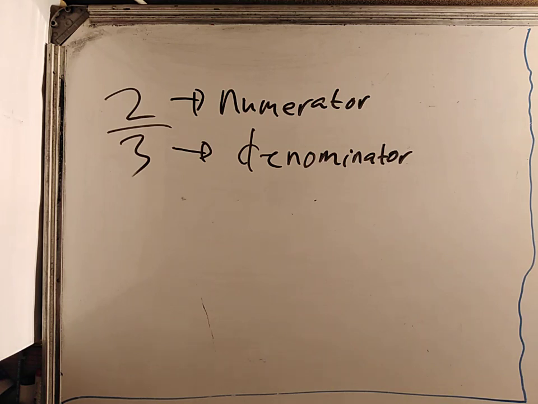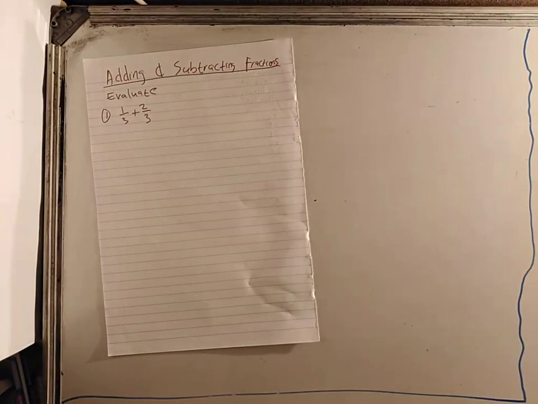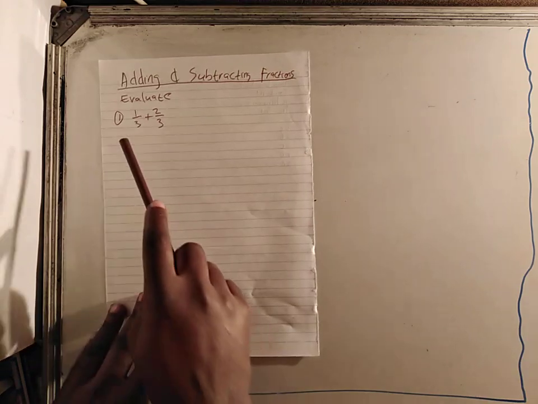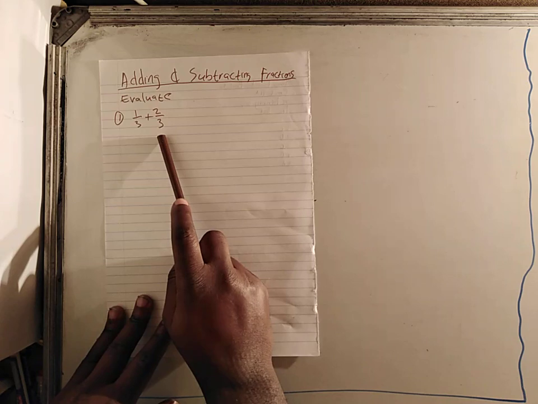Alright? Okay, so now if you've got these kinds of things, how do you go about adding and subtracting them? Let's take an example. Here's the first example. Let's say you are told to evaluate 1 over 3 plus 2 over 3. 1 over 3 plus 2 over 3.